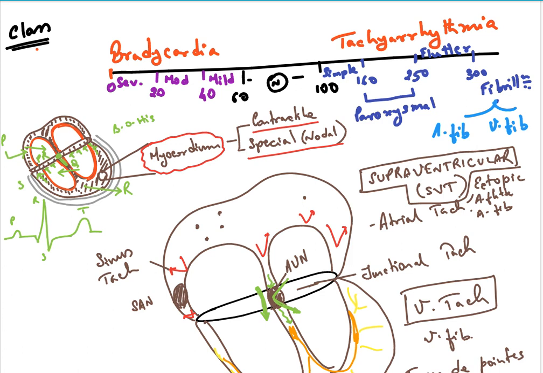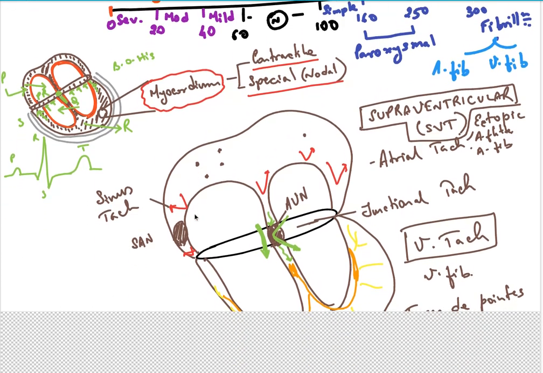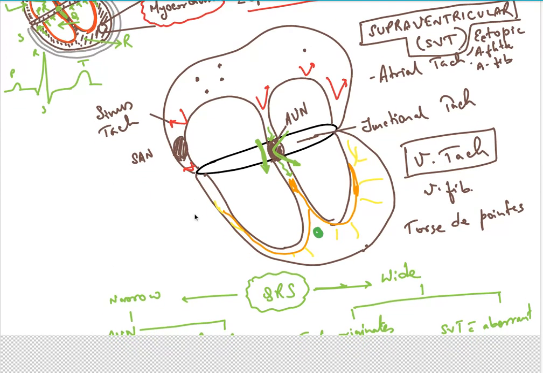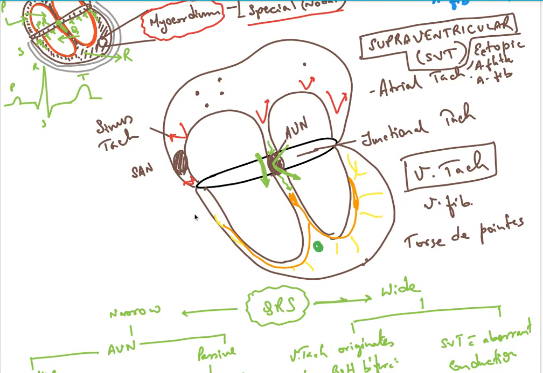So first, we will begin with the tachycardia. And in tachycardia, I was telling you that tachycardia can occur in two ways. One is it can occur in the ventricle, so it is a VTach or ventricular tachycardia, or it can occur above the ventricle, so we can call it a supraventricular tachycardia, SVT.